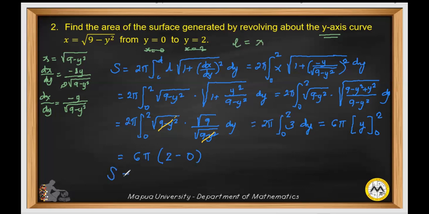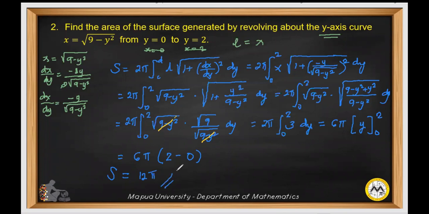Therefore, the area of surface of revolution is equal to 12 pi. So we have S equal to 12 pi square units.